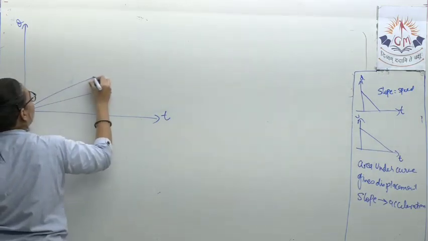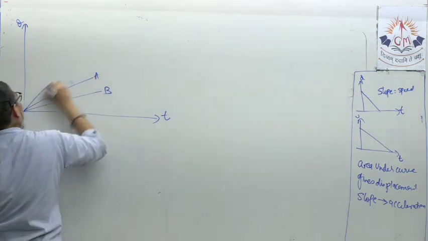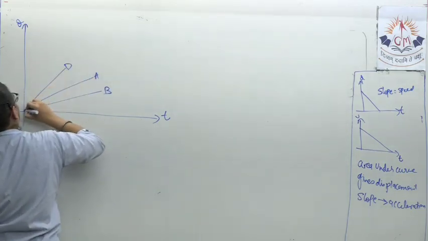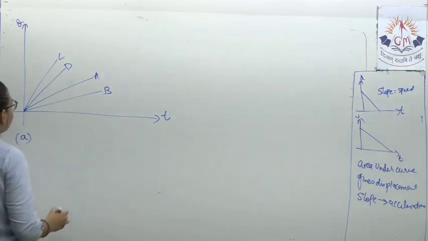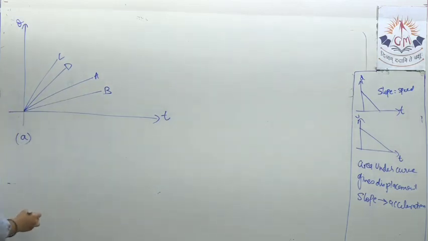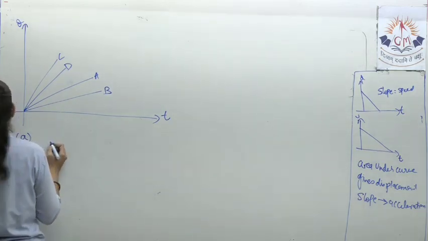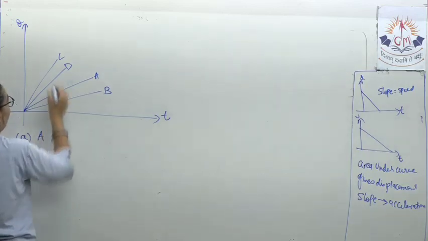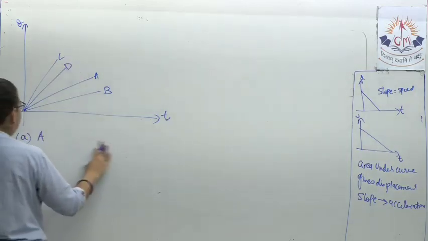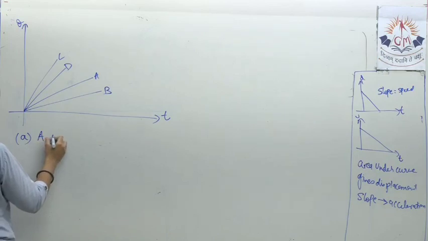B, A, D, and C. Okay? They have asked us, among the following, calculate, or with the given data, find out which is the correct option.